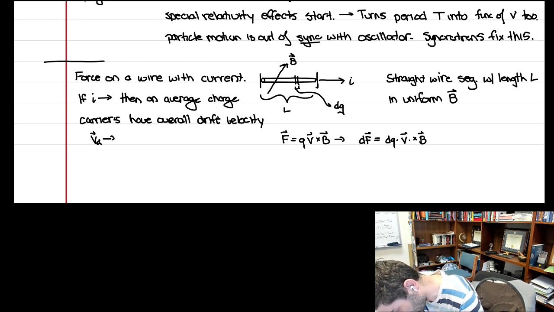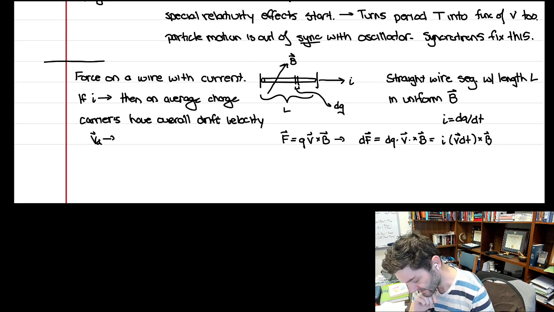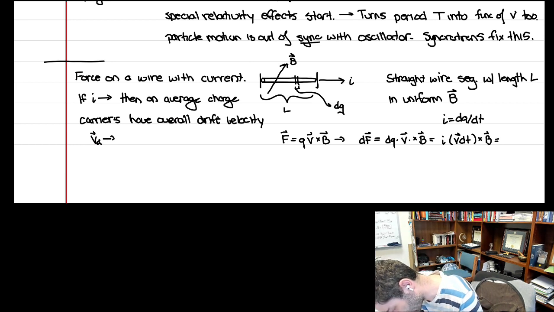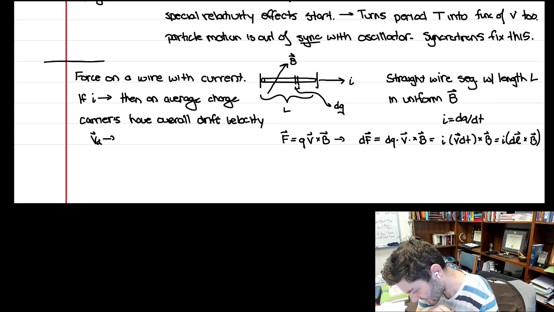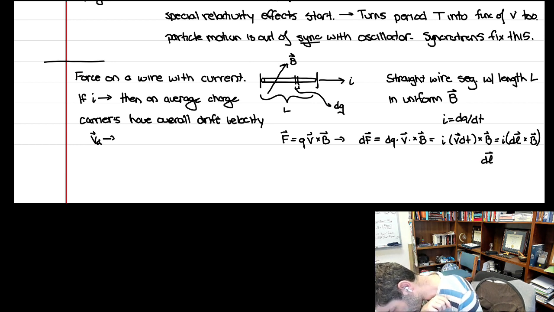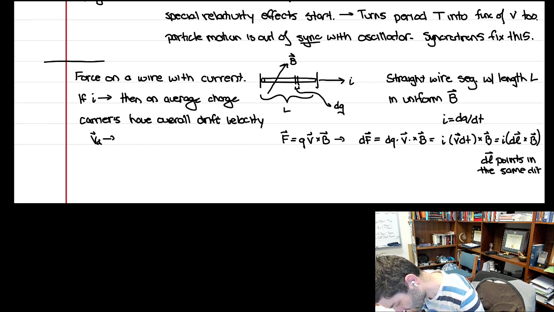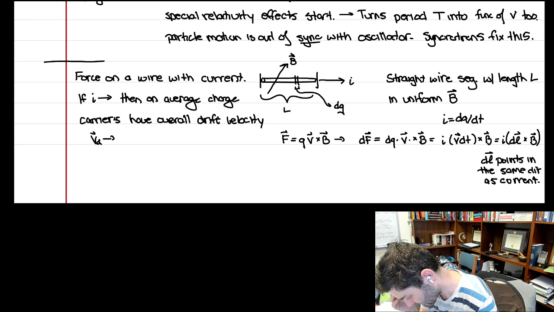Noting that current is dq/dt, I'm going to first write this as I, then I have v dt cross B. I then identify v times delta t, as we did earlier, as some little length dl, which is a vector, cross B. So dl points in the same direction as the drift velocity, or the same direction as the current. That is current, despite what it looks like.